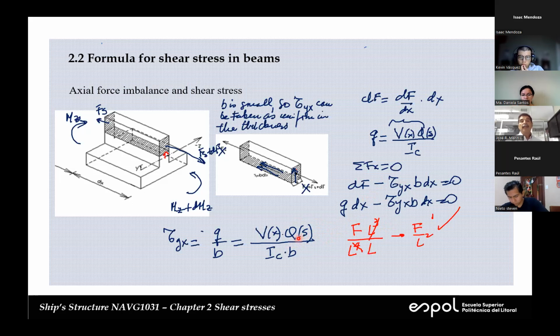And that's why we call it shear flow, because it's like having two pipes which are connecting themselves. But in the case of the shear stress, we have to divide that. We have this type of continuity. We have to divide it by B. And we can have, for example, difference in thickness in the web than in the flanges. So when this is continuous, this is not. We can have jumps.